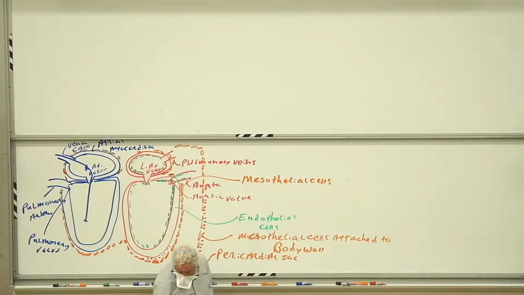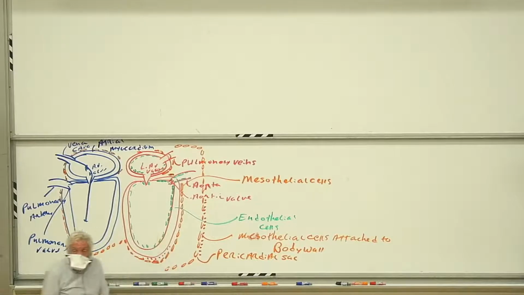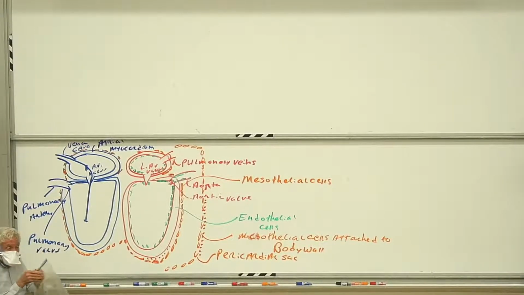So I think a plastic bag works pretty well to imagine what's going on here. So if these walls of the plastic bag are intended to be the layers of mesothelial cells, the heart sits down in that mesothelial cell layer, and the mesothelial cells then wrap up around the heart to form a kind of sac.